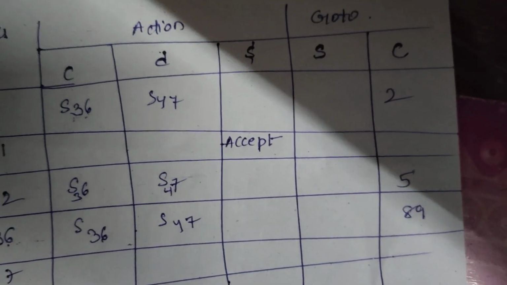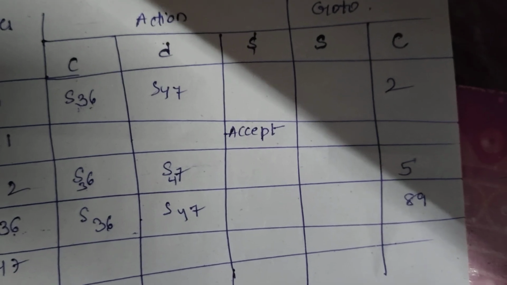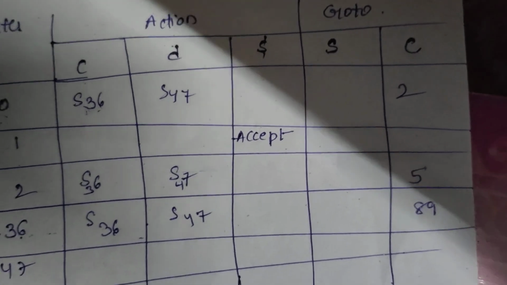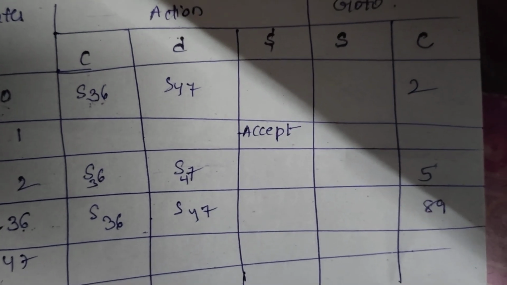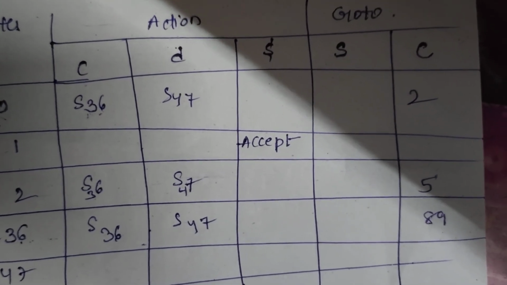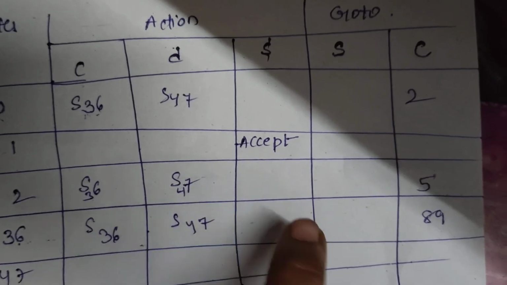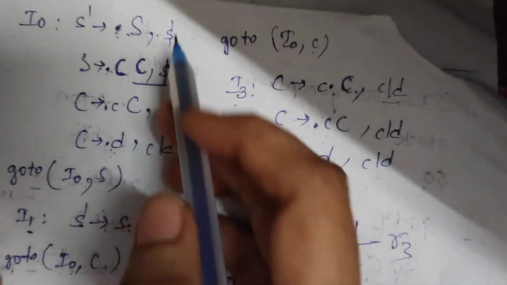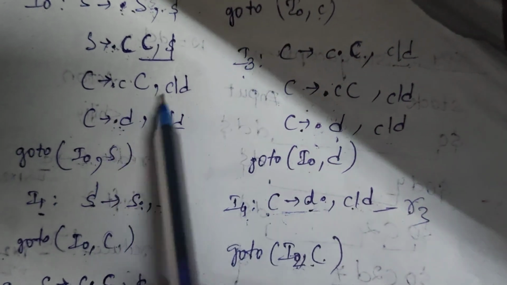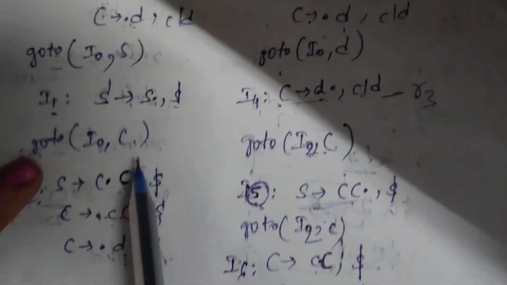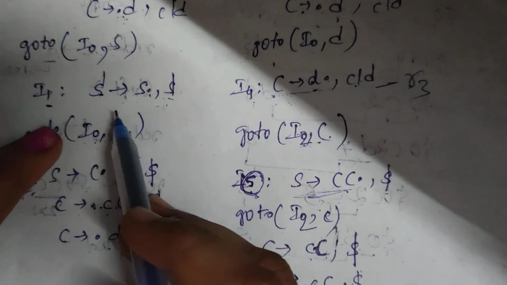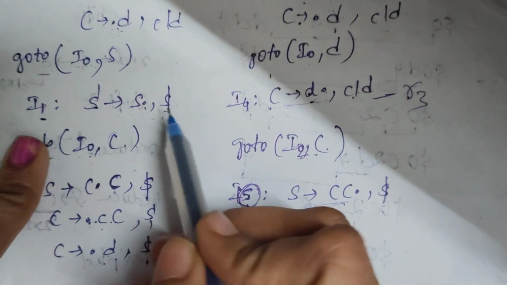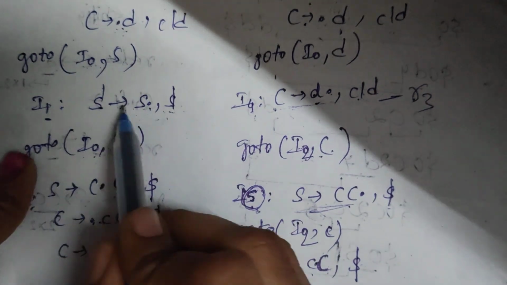Now let's calculate the reduce. For calculating reduce, you need to number all the productions except the augmented grammar, and you need to visit all the productions where the dot has reached the end. For that particular production number you should choose, and write it in the table. So let's check everything. Does the dot reach the end here anywhere? No. In I1, in place of dollar, we need not consider this because this is augmented, right? So skip this.